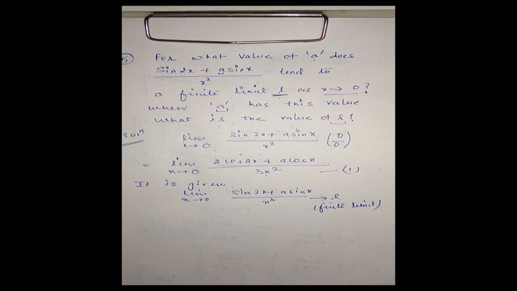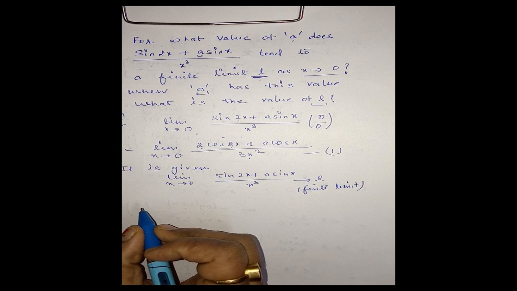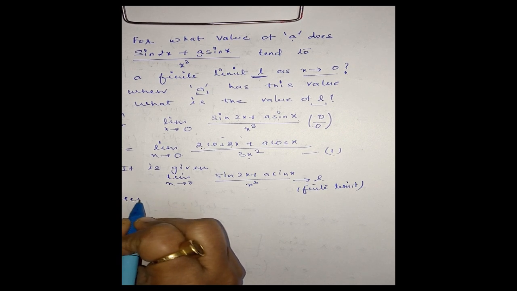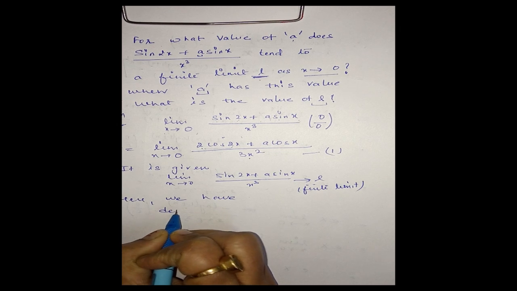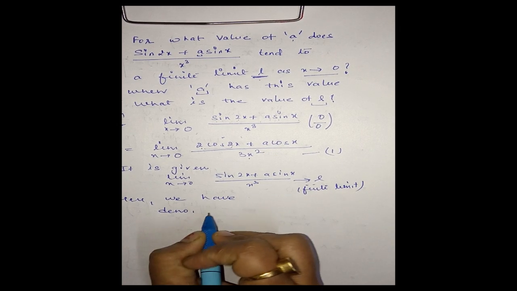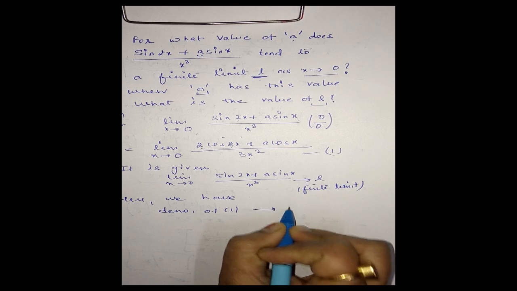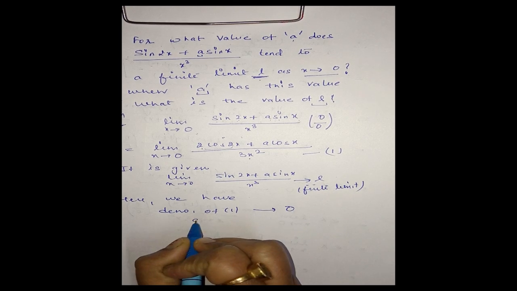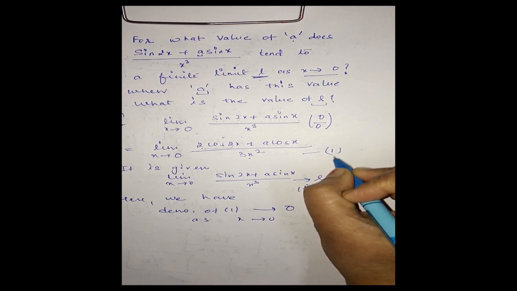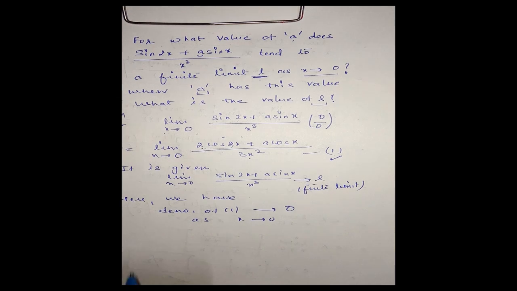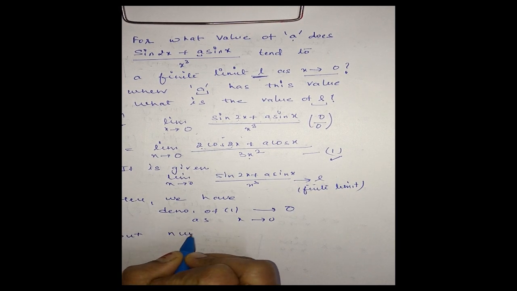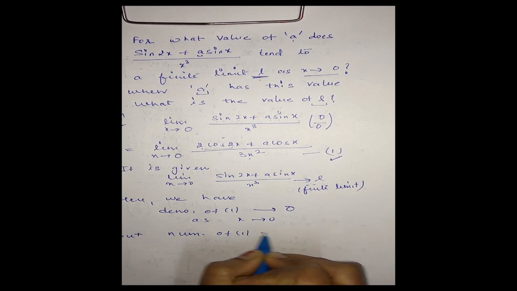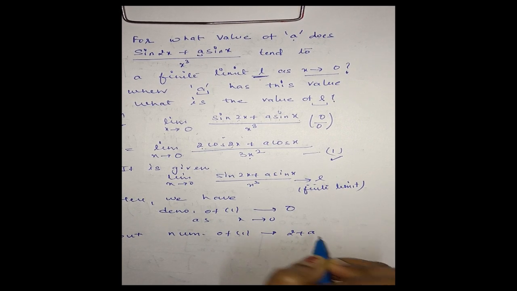That means the denominator of equation 1 tends to 0 as x tends to 0, but the numerator of equation 1 tends to 2 plus a.